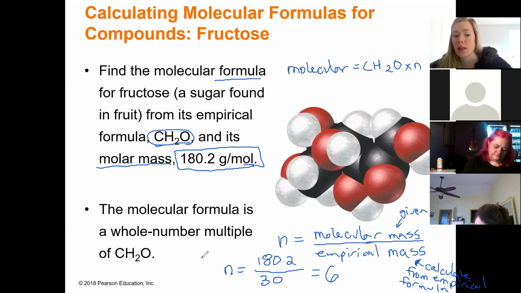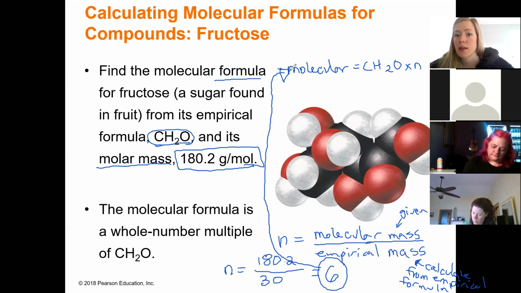I want the formula though. I don't want just the N value. So I actually need to take this number down here and thread it back into that original equation up at the top. So you remember we've got this thing here that tells me my molecular is equal to the empirical times N. So N is 6. So let's just fill that in with 6. And we multiply everything by 6.